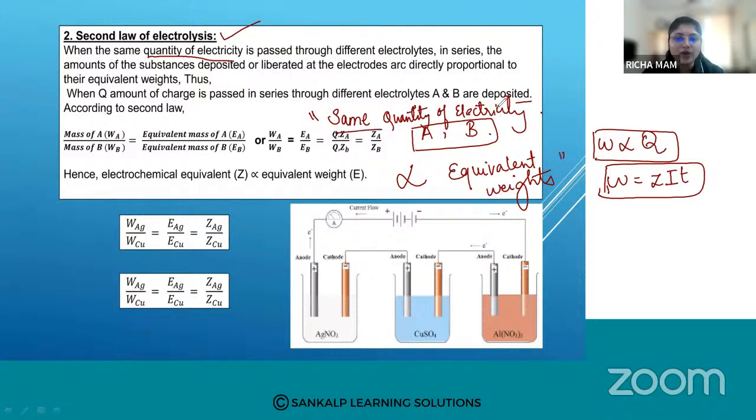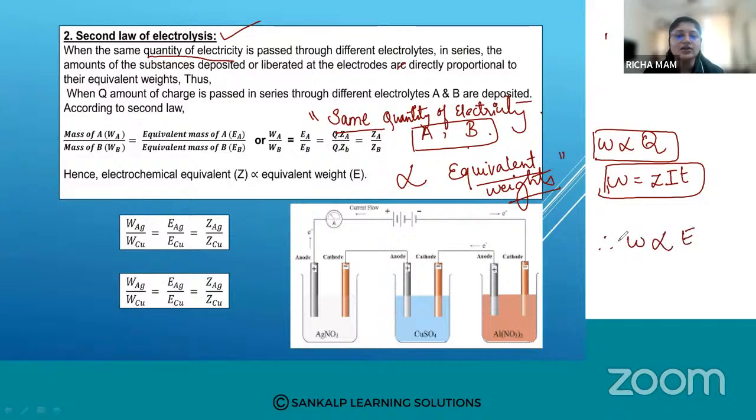So the same quantity of electricity is passed through different electrolytes, and the amount of substance deposited or liberated at the electrode is directly proportional to their equivalent weight. This is the second law of electrolysis. So the amount of substance is directly proportional to the equivalent weight.